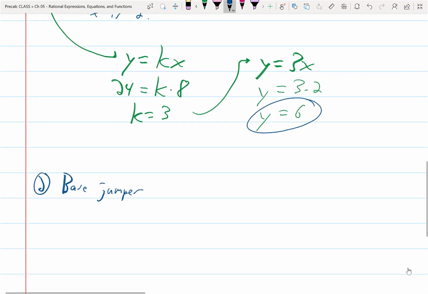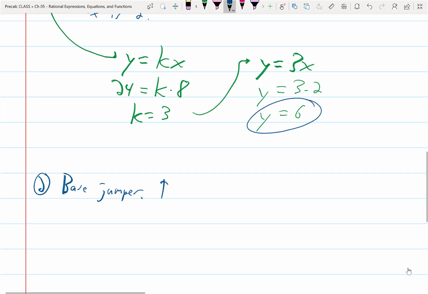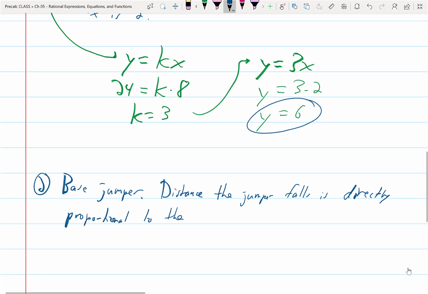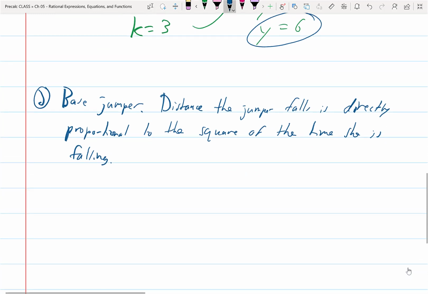So the base jumper, I know that if an object is falling towards Earth, the distance the jumper falls is directly proportional to the square of the time she is falling.